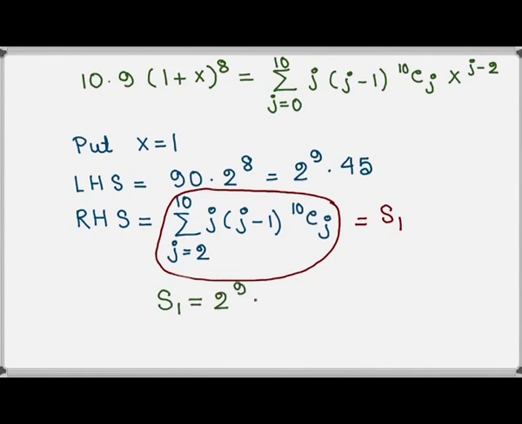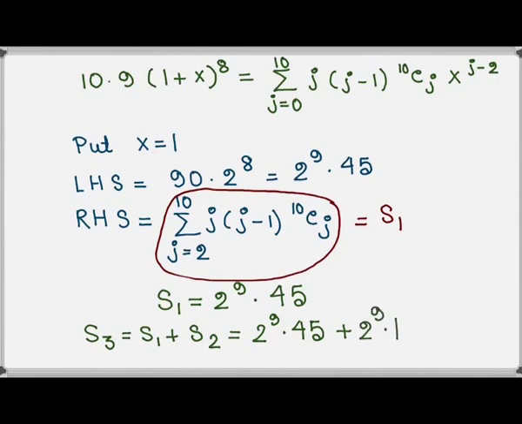and as we know that S3 is equal to S1 plus S2, therefore the value of S3 is equal to 2 to the power 9 into 45 plus 2 to the power 9 into 10, which is equal to 2 to the power 9 into 55.